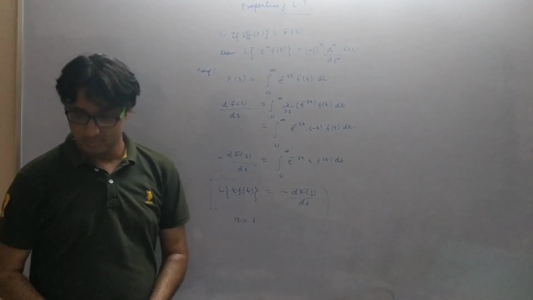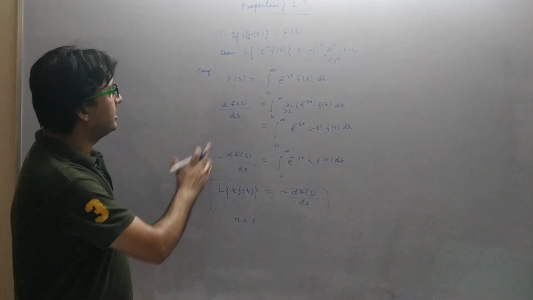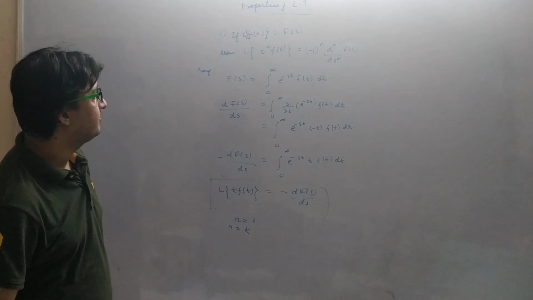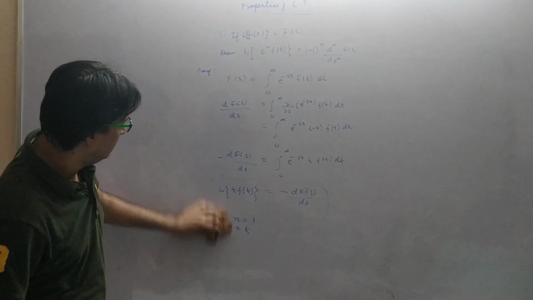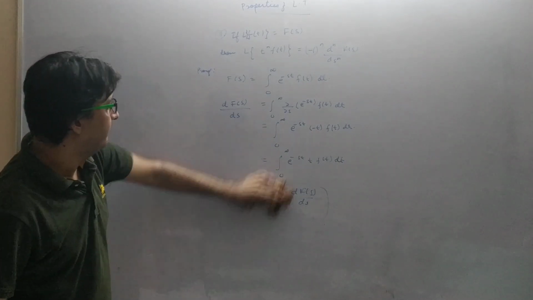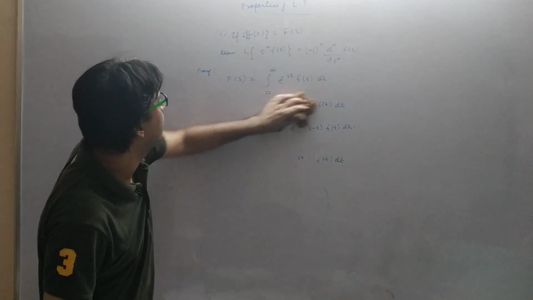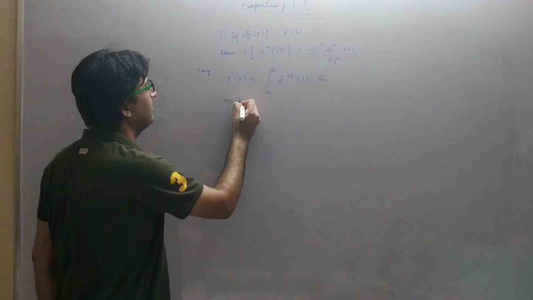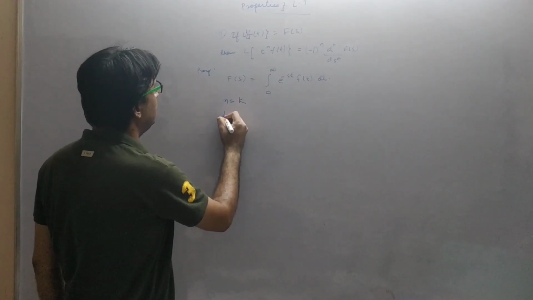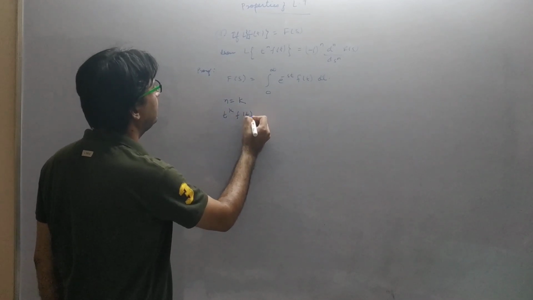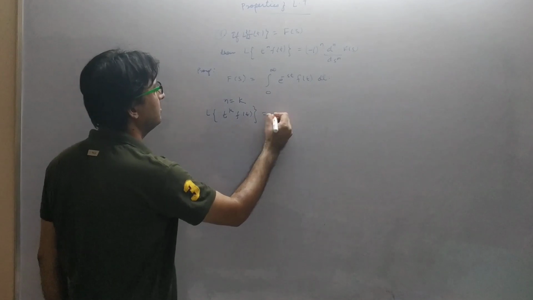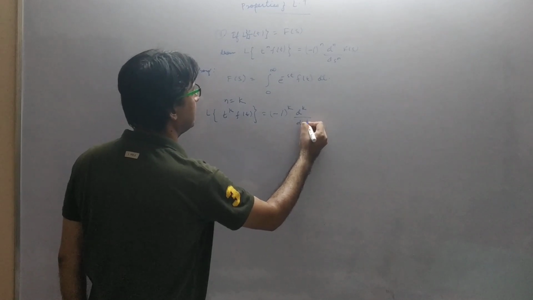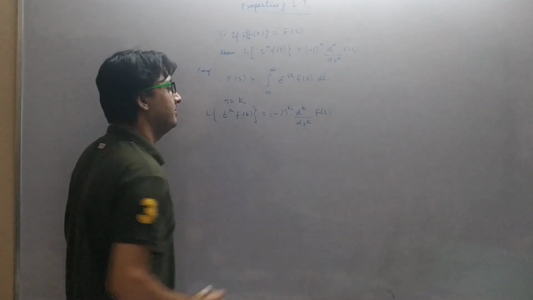Now we are going to use it for n is equal to k using mathematical induction. So for n is equal to k, Laplace transform of t to the power k f(t) is equal to (minus 1) to the power k d^k by ds^k F(s).